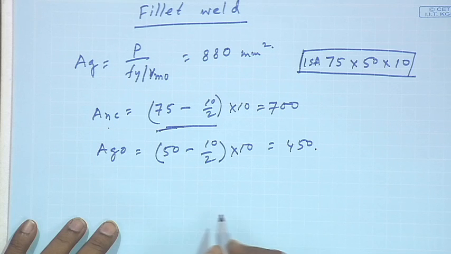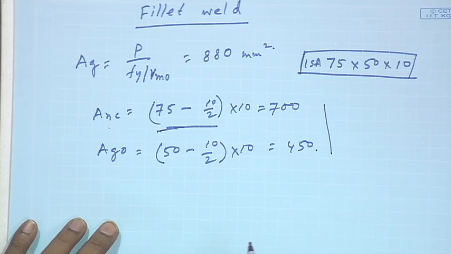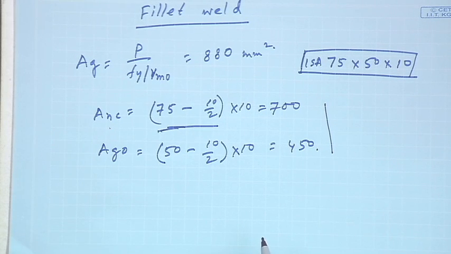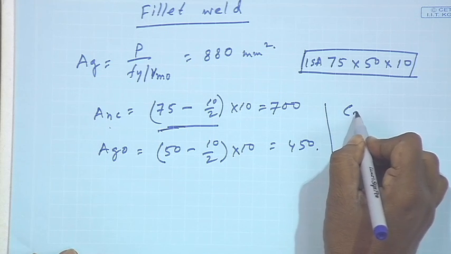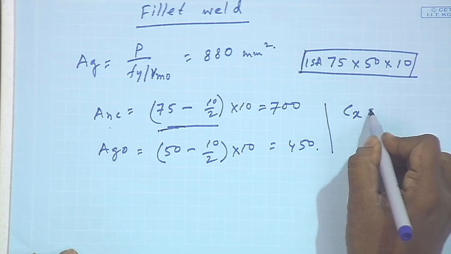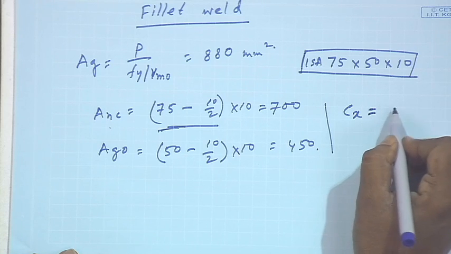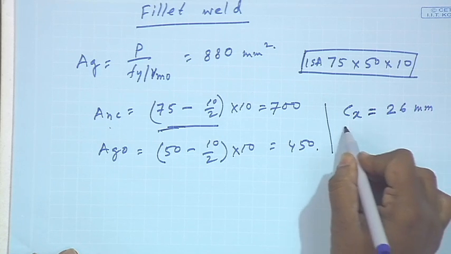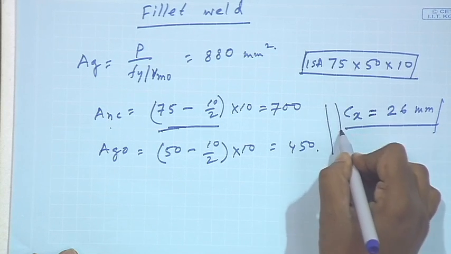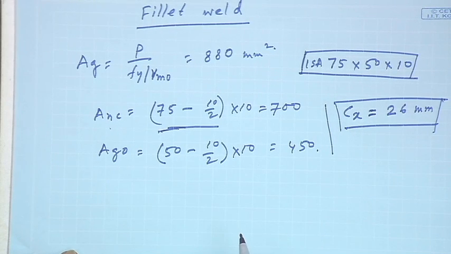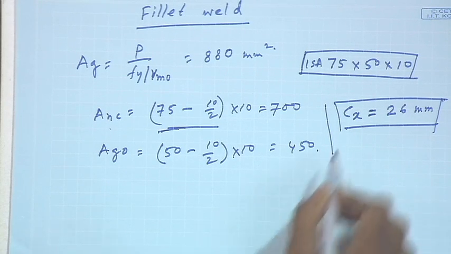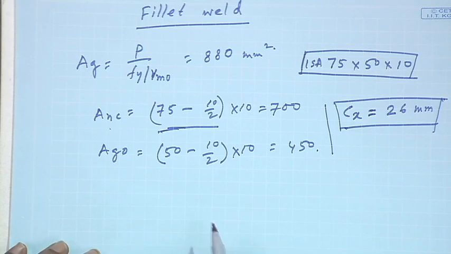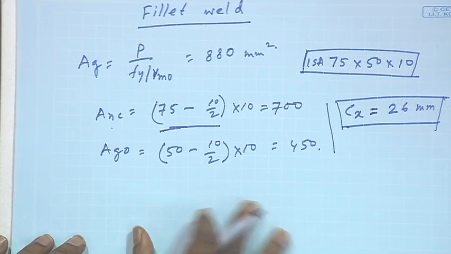450, right. So, these two will be required in calculation of TDN, and also we should know the Cx, the center of gravity from the base, that is 26 mm, because this will be required for load distribution, means how load is distributed. To know that, we need to know the value of Cx, right.